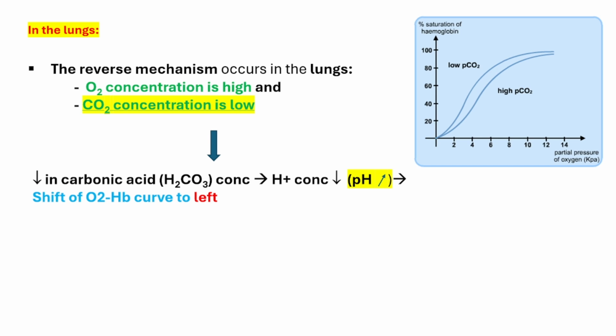So I'm going to have a shift to the left. So this is to show you how pH and CO2 are linked, and how CO2 is an allosteric effector, how it can change my ODC, the shifting of the oxygen dissociation curve.